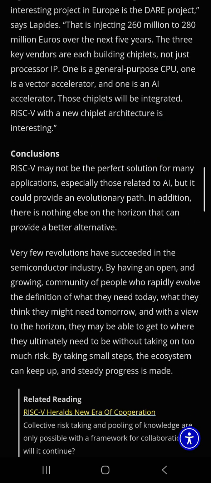Conclusion. RISC-V is not the perfect solution for many applications, especially those related to AI, but it could provide an evolutionary path. In addition, there is nothing else on the horizon that can provide a better alternative.